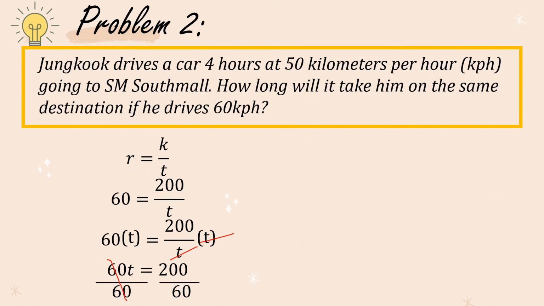And then, our answer will be T equals 10 over 3 or 3.33 hours. Ma'am, paano naging 10 over 3? Ni-lowest term lang natin yung 200 over 60. Kaya naging 10 over 3. And then, kapag dinivide natin si 10 over 3 at ginawa natin siyang decimal form, the answer is 3.33 hours.